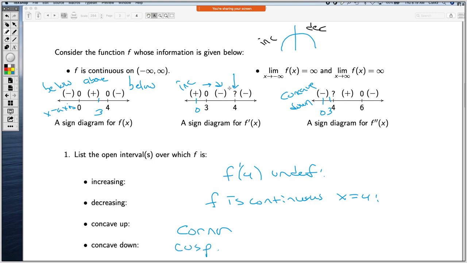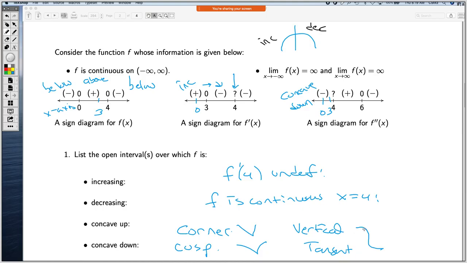The problem with the corner and the cusp idea is these change from increasing to decreasing. This is decreasing all the way down. So what we must have there is a vertical tangent. So it comes in and just slices down like that. Does that make sense? It has to be decreasing on either side. So that's the only feature we have there to include.